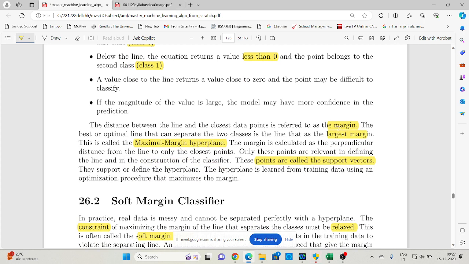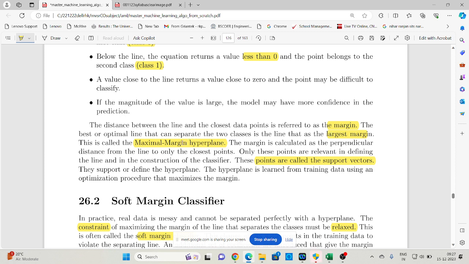There is one more term called margin. What this margin indicates is the distance between the line and the closest data points. Which is the optimal line? The optimal line will be separating the two classes with the largest margin.